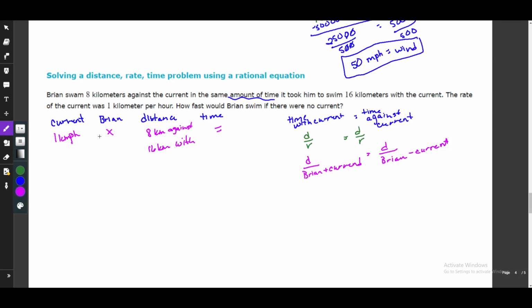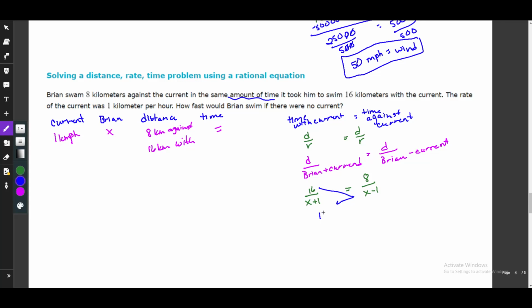All right, so putting stuff into my formula, distance with the current is 16 over Brian plus current, x plus 1, equals distance against, 8 over x minus 1.